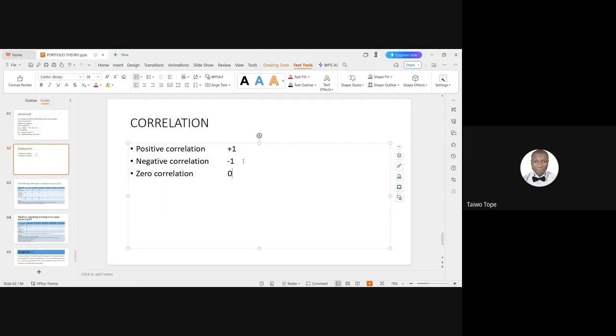So the relationship between covariance, correlation and standard deviation can be expressed using a formula. We can show the relationship using this formula.